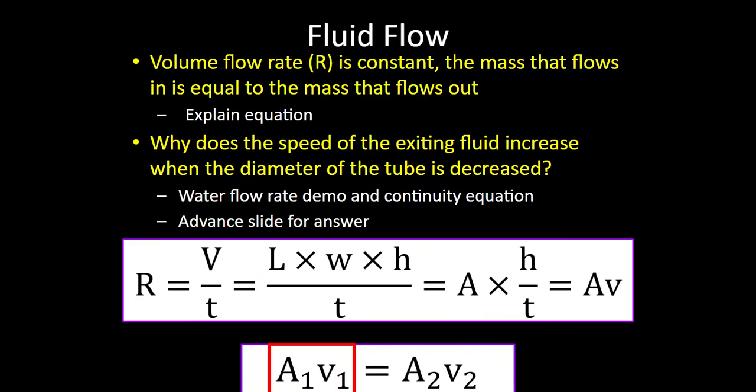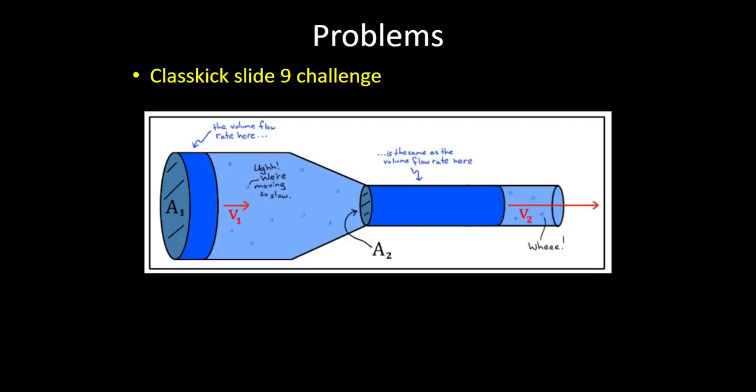A1, V1, the one side of the pipe, is going to stay constant. We're going to squeeze the tube on the other side, which decreases the area. But to decrease the area, the fluid is going to increase its velocity to keep everything equal. And that's what we mean by the continuity equation.